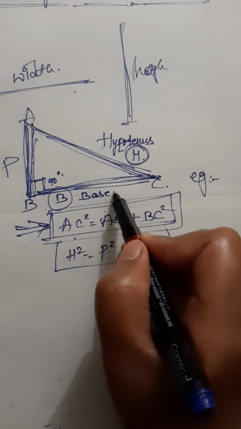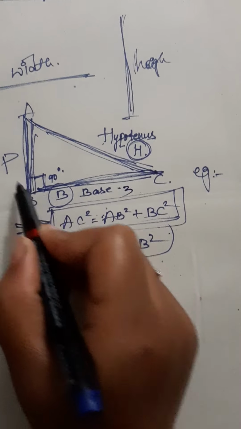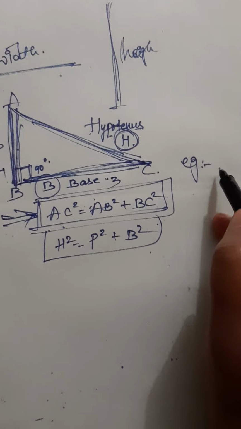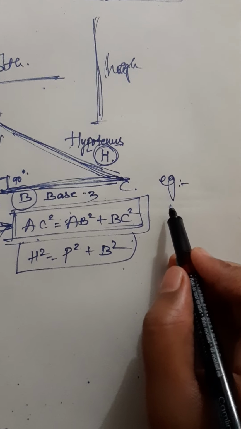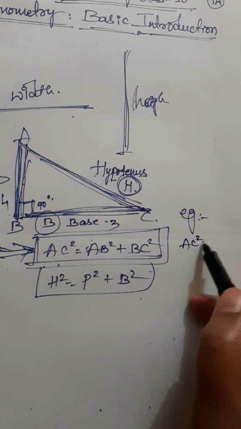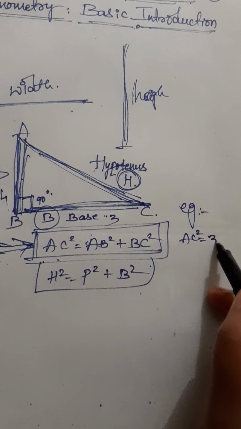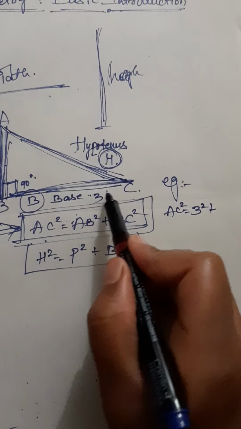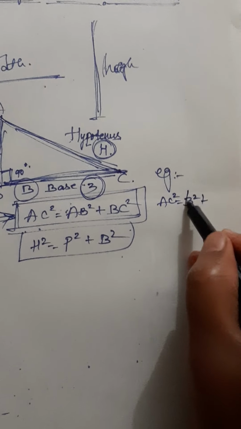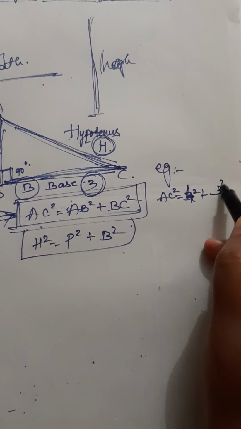The base is given as 3, and the perpendicular is given as 4. If they have given any two sides, then we can easily find the other side. AC square is equal to 3 square plus 4 square.